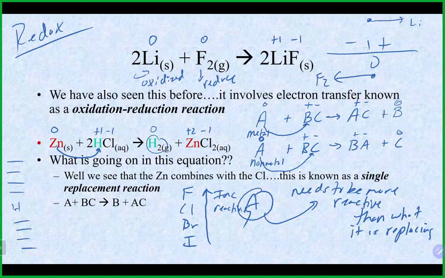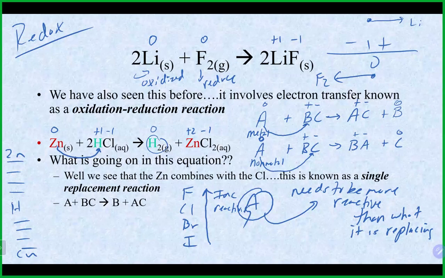So in an activity series like this, for example, you may have zinc this way, you may have copper this way. In this case, zinc is higher on the list than hydrogen, which means that reaction will take place, like you did when you put your thumb on it with the zinc and the HCl. If you try to do that reaction with copper and HCl, it would not take place. And that's because copper is less reactive, so the reaction would not take place.